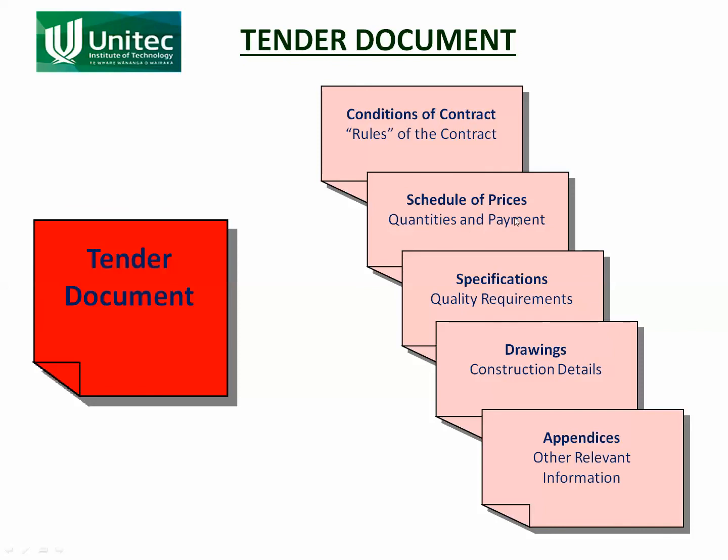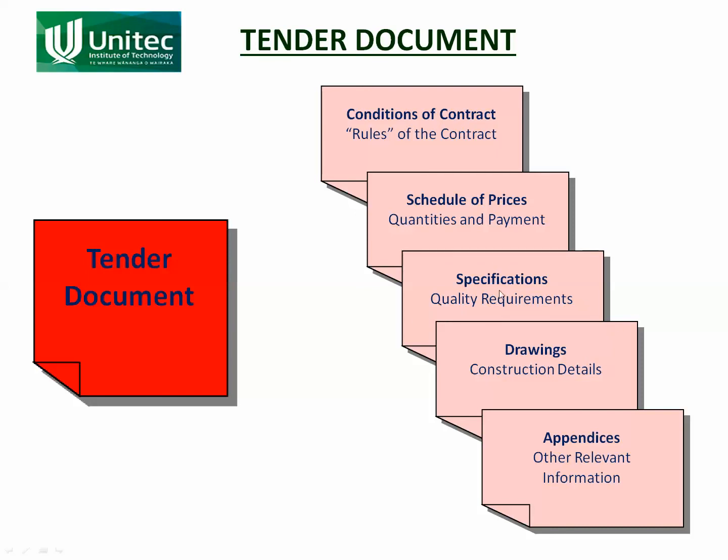The schedule of prices is a breakdown of what the contract works entails. So we take all of the stuff that needs to be done to build the contract works, and we break it down into smaller parts which are similar in requirements. So all of the pipe workers in one place, all of the concrete workers in one place, and so on.